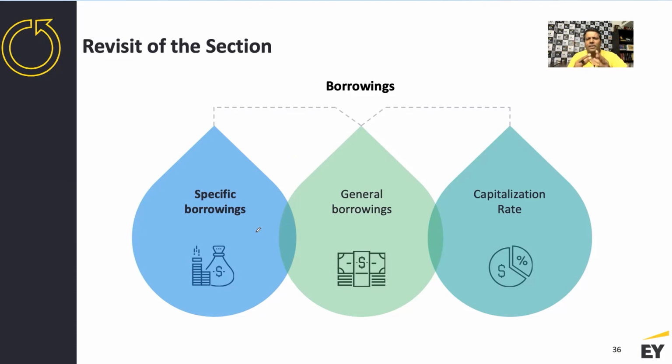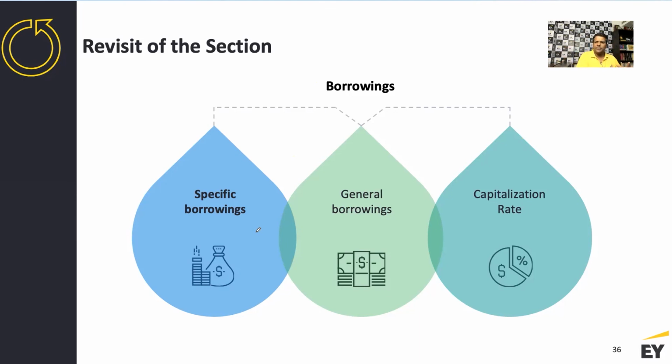You need to then determine how much of that interest is eligible for capitalization, and that depends upon whether it is a specific borrowing or a general borrowing. If it is a specific borrowing, then you capitalize at the rate at which you borrowed the money with reference to that qualifying asset.